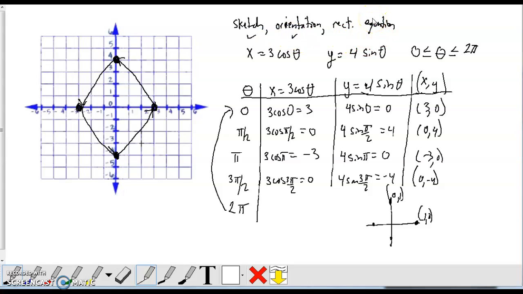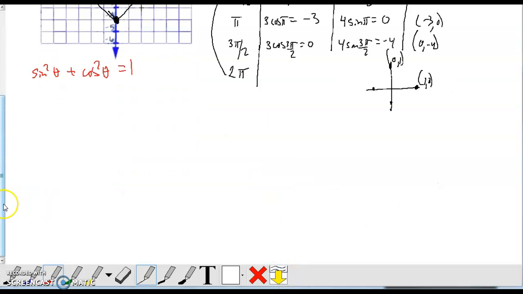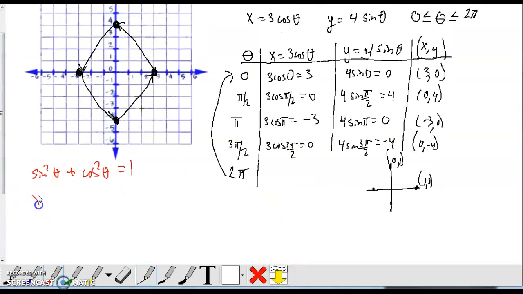Now the rectangular equation. I want you to use your trig identity: sine squared of theta plus cosine squared of theta is equal to 1. Looking at this problem, I'm going to rewrite it down here, so x is equal to 3 cosine of theta.